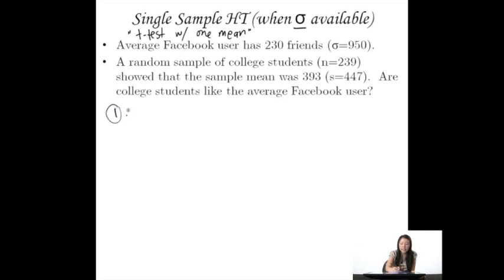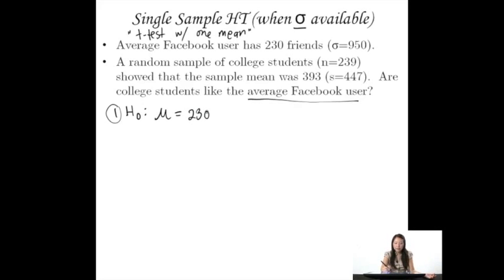So the first thing is, perhaps we should set up the standard population as the average Facebook user, right? So the real population of all Facebook users. So our null hypothesis might be something like mu equals 230, right?